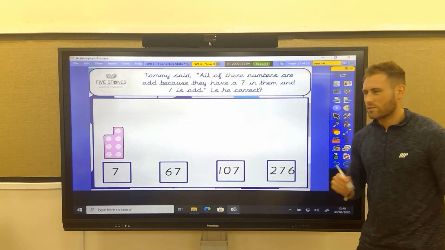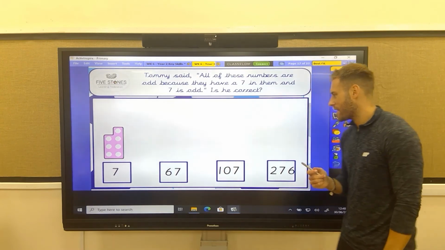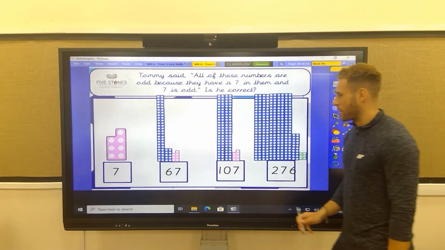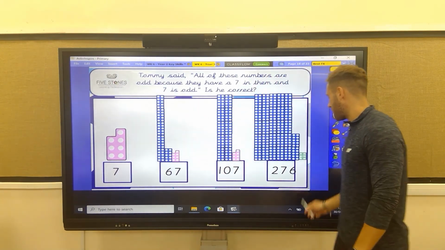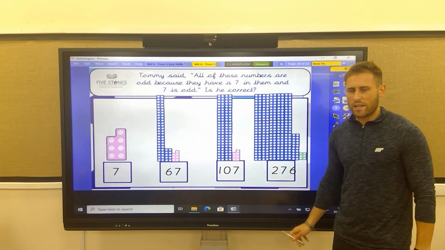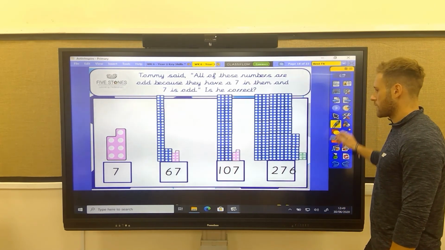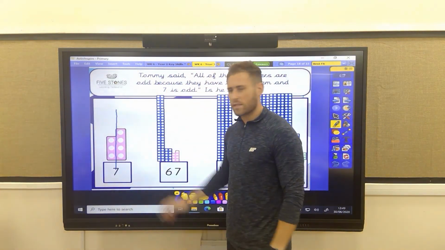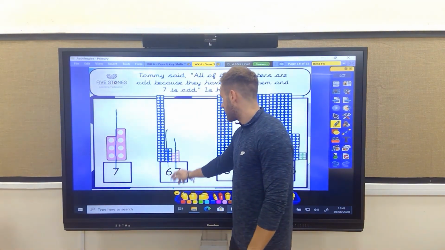Right. So is Tommy correct? What did you think? No? You didn't think he's correct? Why? So hopefully when we look at Tommy's numbers, 67, 107 and 276, what do we notice? Yeah, 7 is an odd number because the 7's in the 1s. 67 is an odd number.